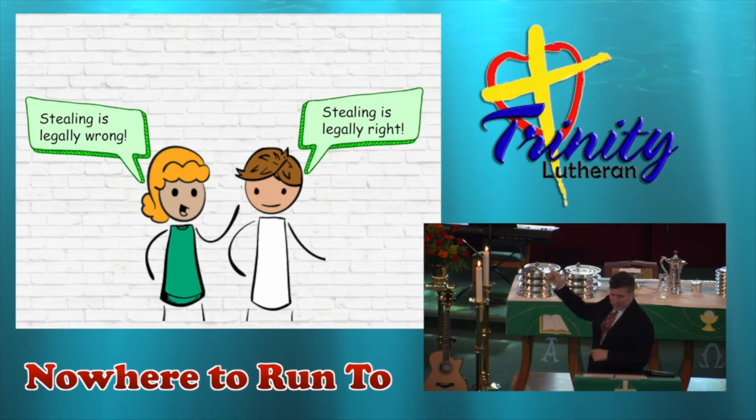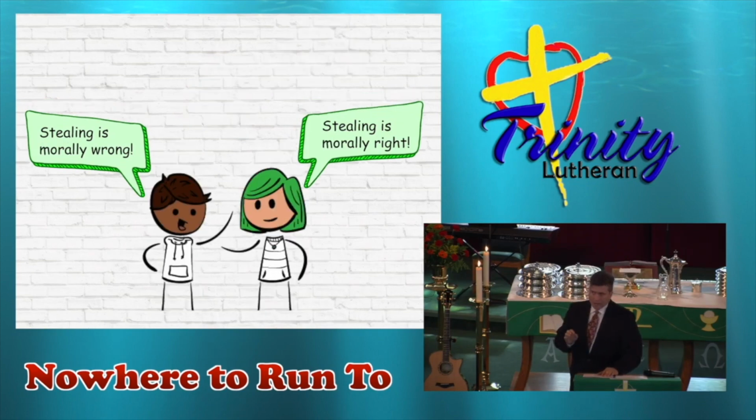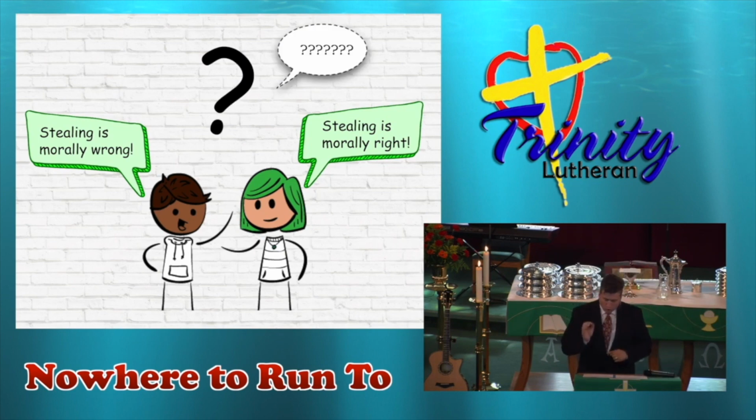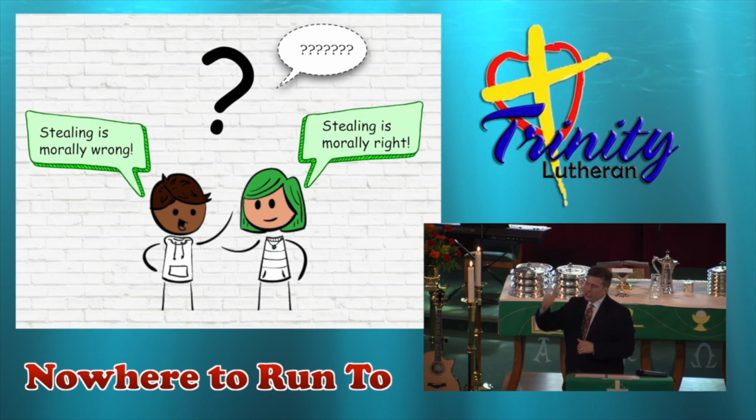So let's say, here we go. See, cute cartoons, right? So if two people disagree about whether something is legally right, then they can open up the civil law book and find the answer, right? But what if people disagree about whether something is morally right? One person says something is evil, another says it's good. Is there a moral law book that determines what is actually right and actually wrong? See, if atheism is true and there is no God, then human beings are the highest authority on earth. There's no standard above them to help settle these disputes.